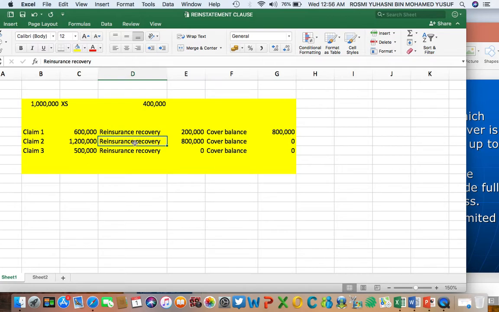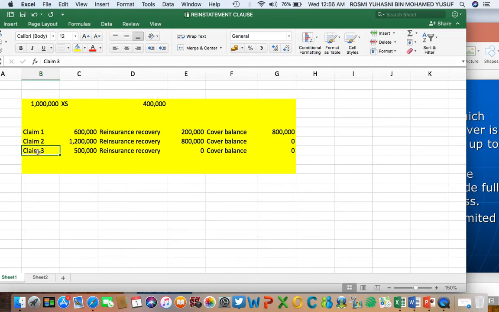Recovery from the reinsurer will be 1.2 million minus 200,000, which is 1 million, but only the remaining cover is available. If you total up the recoveries, the cover balance will become zero. So there is no more cover available for future claims after claim number two.